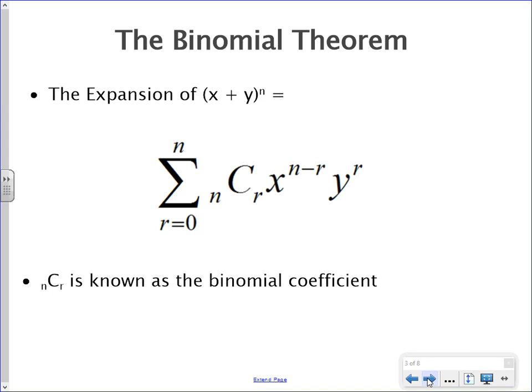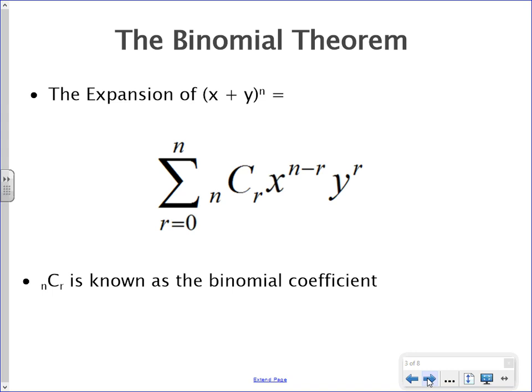Okay, so basically what you are going to do is you're going to use this combination formula to get each term in your expansion, okay? If you have something raised to the 5th power, instead of doing 4 distributions, because you know that that gets long and tedious, and there's a lot of room for error, we could use this right here.